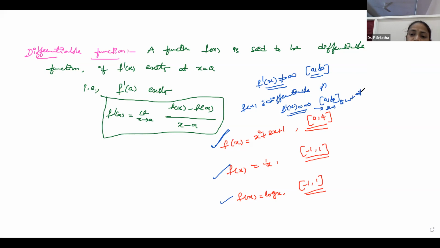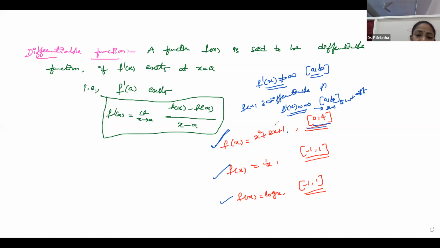Is it clear, all of you? This is the shortcut way to find whether the given function is differentiable or not. First of all, you need to find the differentiation. After that, check whether the differentiation of f of x is equal to infinity or not within the limits.